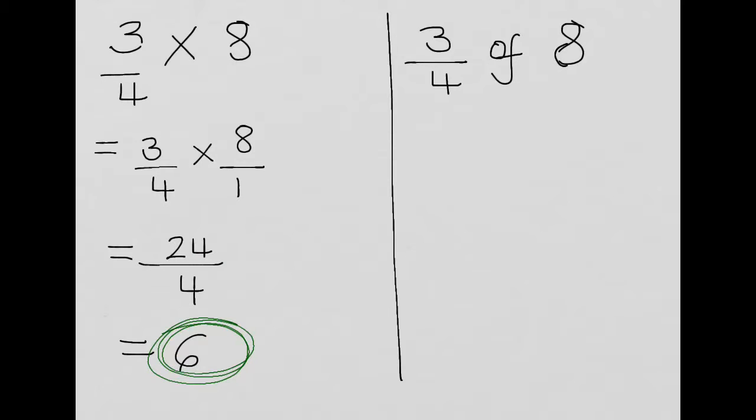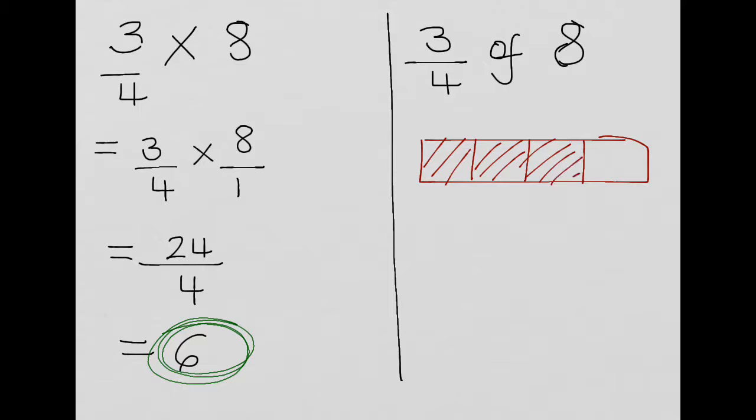So we're now going to find 3/4 of 8, and to do this I draw out a bar, because I want to find 3/4. So I divide my bar into quarters because my denominator is 4, and I want to find 3 of them, so that's 3/4. And here my bar underneath, that's equivalent to 8.